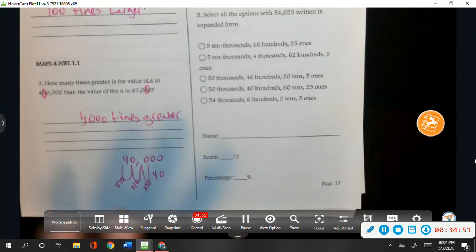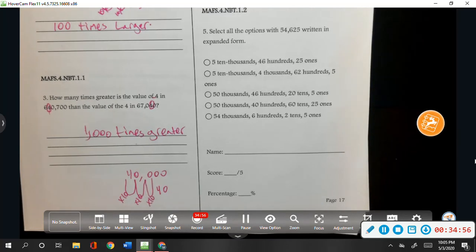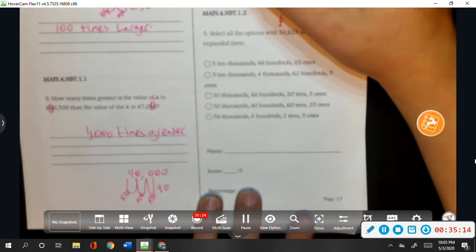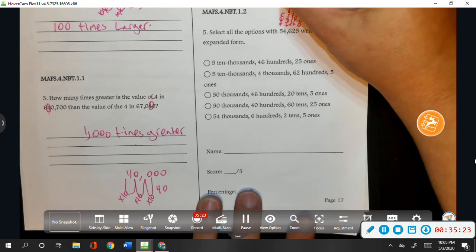Okay, so here we go. Number 5. Select all the options with 54,625 written in expanded form. Remember, expanded form can look numerical, like it would be 50,000 plus 4,000 plus 600 plus 20 plus 5. But we can also think of it as this is our 10,000s, this is our thousands, this is our hundreds, this is our tens, and this is our ones.